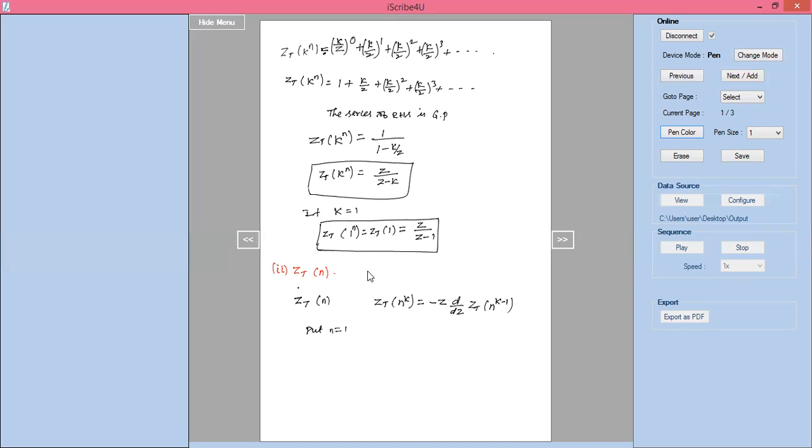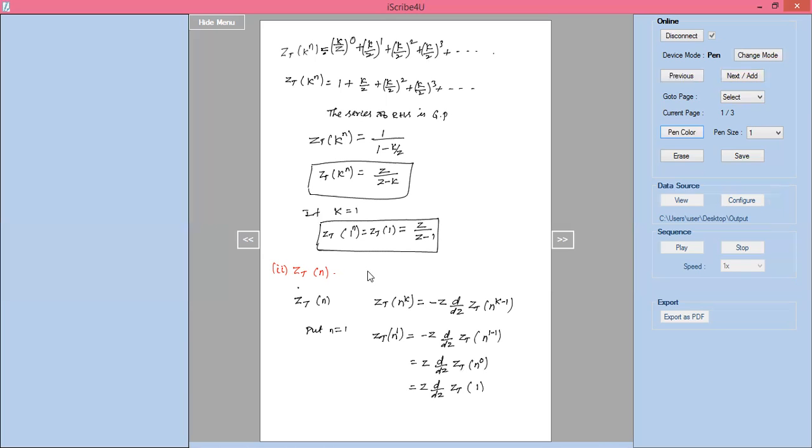If you give k equal to 1, I'll get Z transform of n power 1, which is n only, equal to minus Z into d by dz of Z transform of n power 1 minus 1, that is n power 0. Anything power 0 is 1.